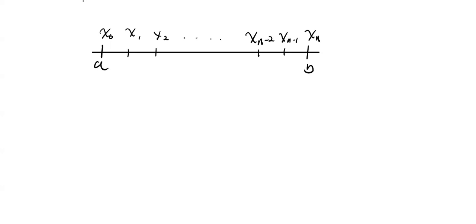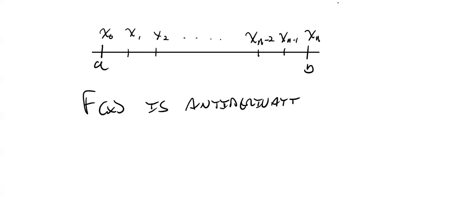And so in this case, our A we can represent as x of naught, and B we can represent by x of n. And this entire interval can be split up in this way into n subintervals. The other thing we're going to say is that capital F of x is an antiderivative of little f of x.